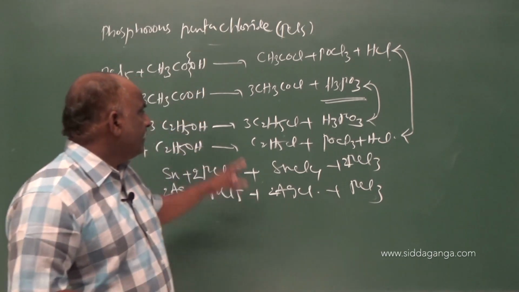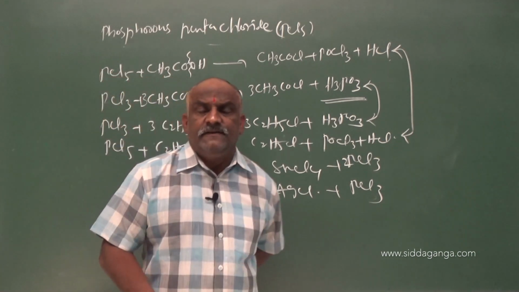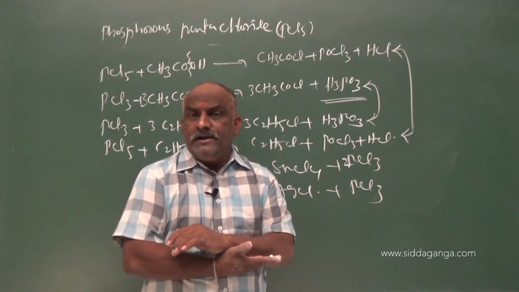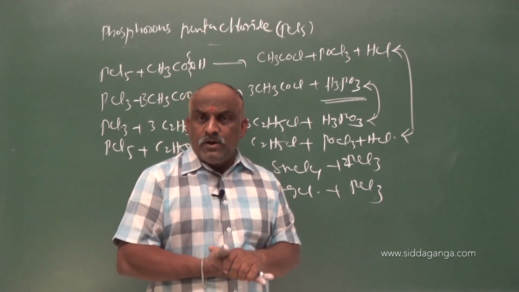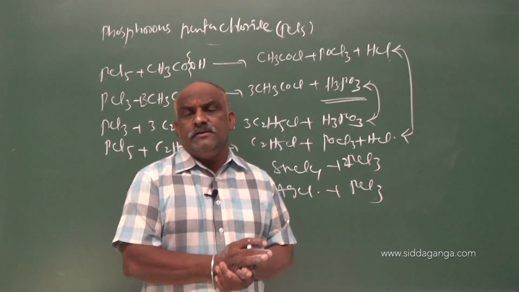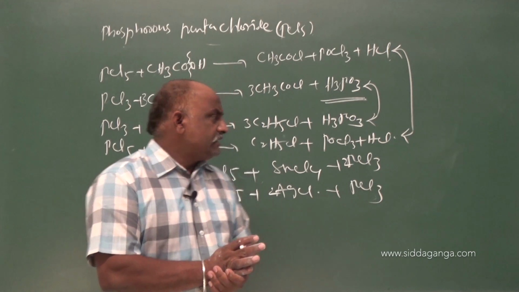So these are the chemical reactions with respect to phosphorus pentachloride, and it acts as a chlorinating agent, and it is a yellow colour powder. And the shape of the phosphorus pentachloride molecule we have to discuss.